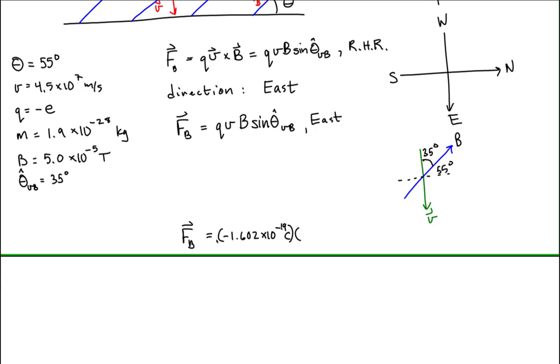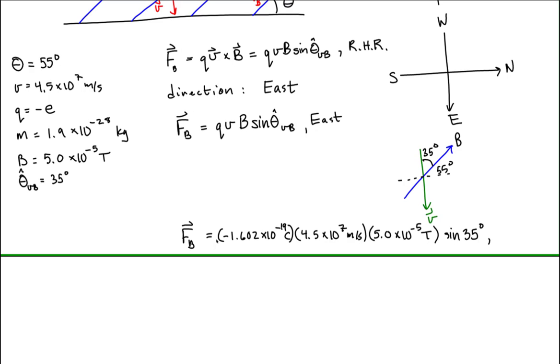This is multiplied by the charge's velocity, which is moving at 4.5 times 10 to the 7th meters per second, Earth's magnetic field, the magnitude of which is 5.0 times 10 to the minus 5th Tesla, and the sine of the angle between the muon's velocity and Earth's magnetic field, which is 35 degrees.